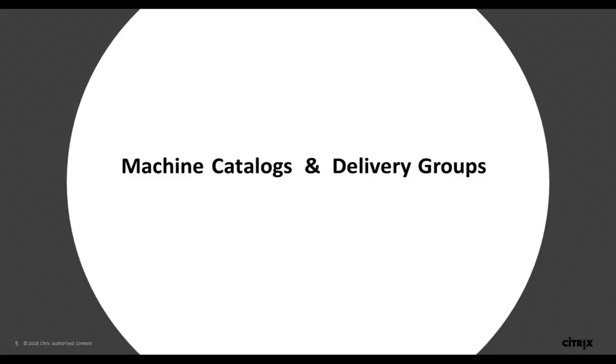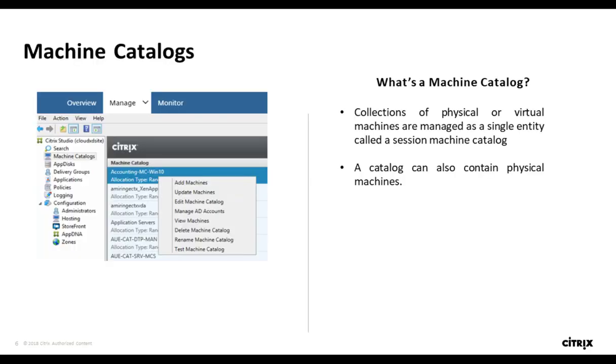Now that you have an overview of the console, let's talk about the components. You will find machine catalogs. They are collections of physical or virtual machines managed as a single entity called a machine catalog. Many companies create a master image or template on their host, and they use it as a whole image to spin up virtual machines through Machine Creation Services or Provisioning Services.